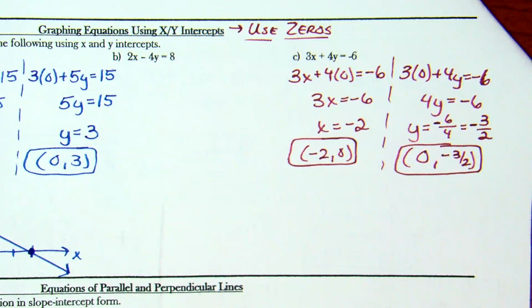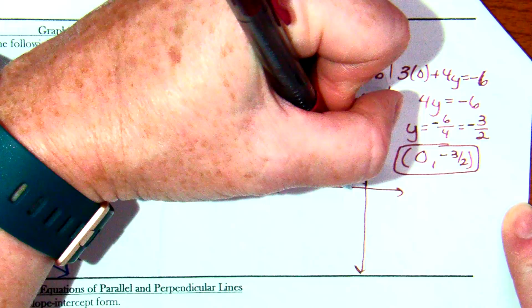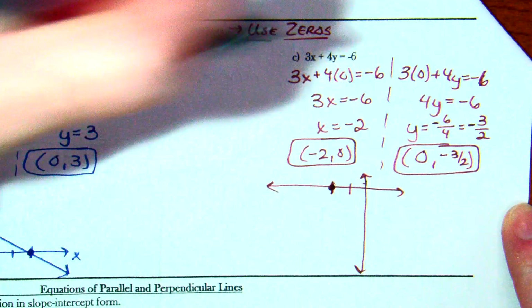To the left. A y-intercept of negative 3 halves means on the y-axis I'm going to go down. Down 3 halves is going down 1.5. Oops. Didn't exactly make it through my dot, but it's alright.